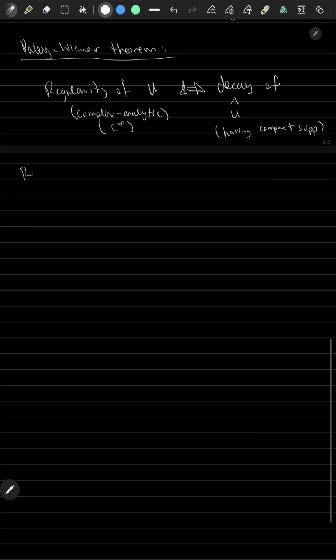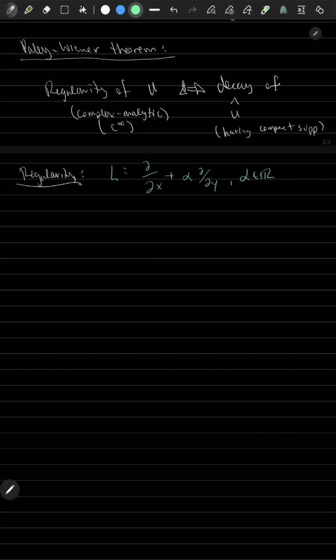So what does this have to do with regularity? I can give an example in the classical case, which is the linear partial differential operator L, given by d/dx plus alpha d/dy, where alpha is a real number.